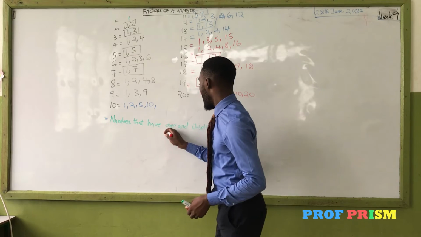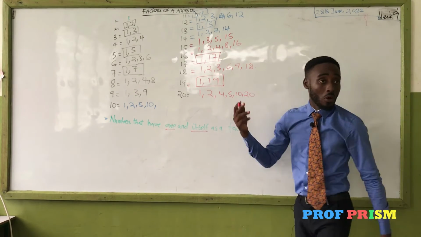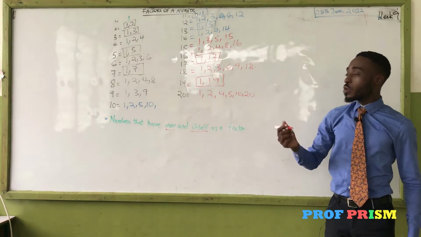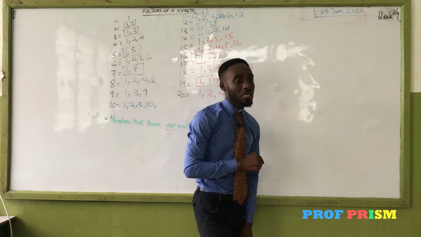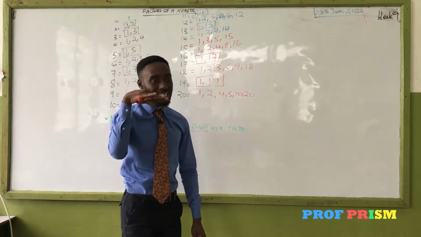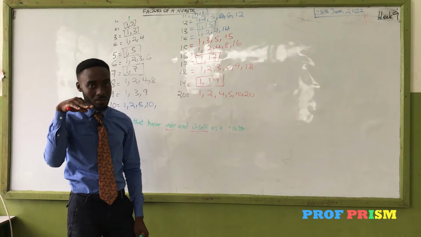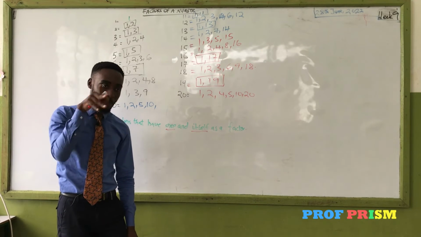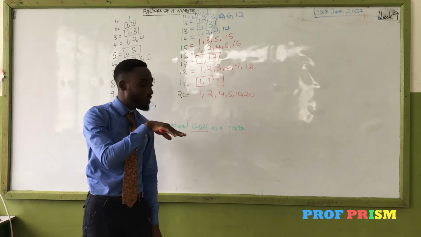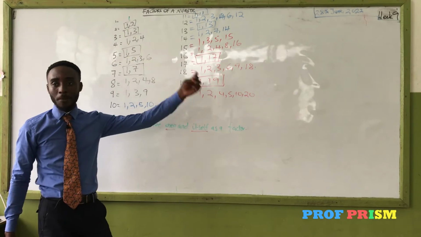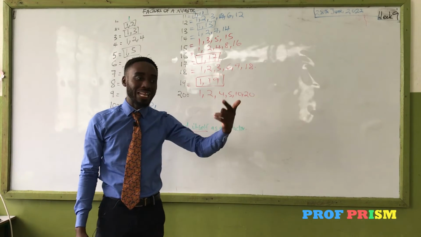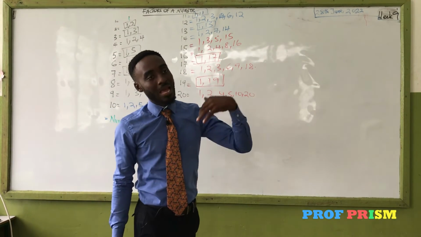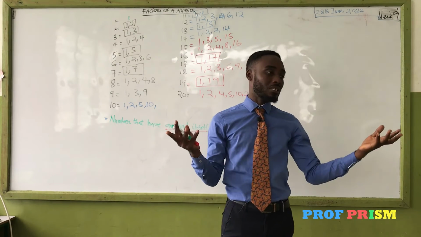Having known from the definition we gave last week, a factor is a number that divides evenly. A factor is a number that divides what? Evenly. So we could say that prime numbers are numbers that only 1 and themselves can divide evenly.